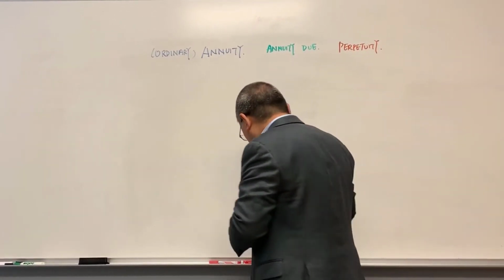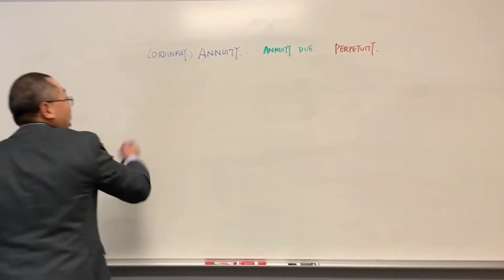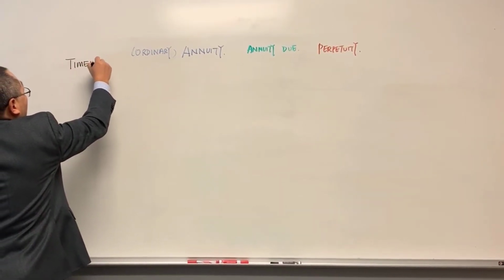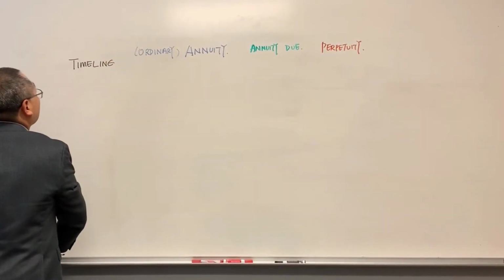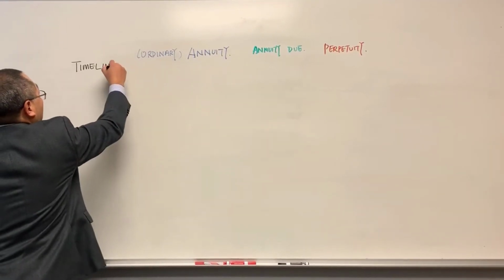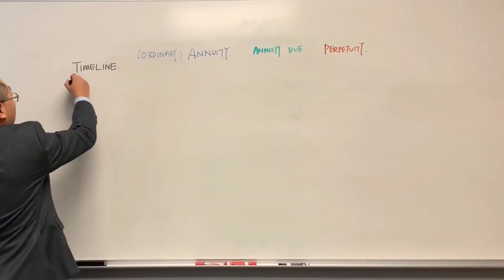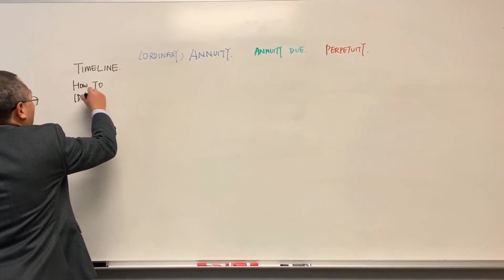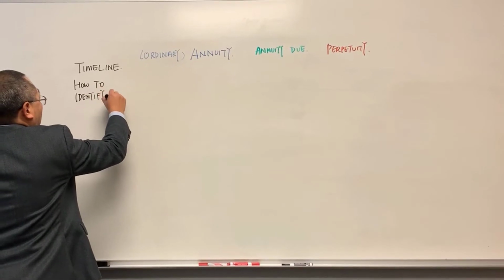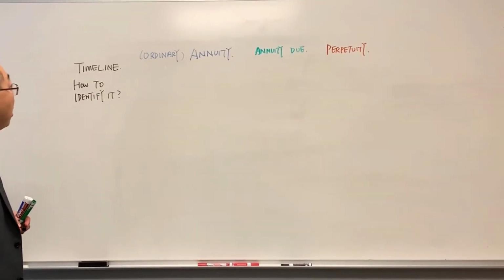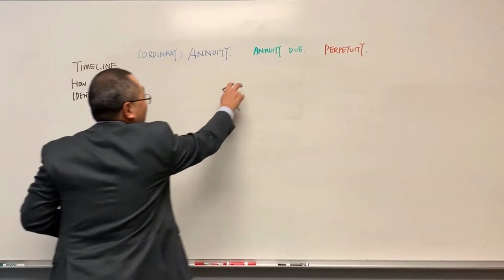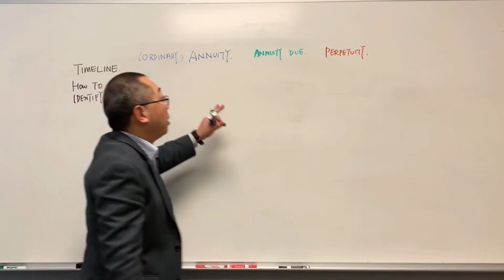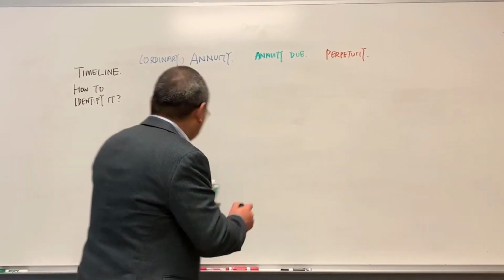Okay, I'm going to do several things so that we can finish one table. The first one is about the timeline. Second one is how to identify it. I'm going to write down for each case 4 conditions for us to make the decisions that, oh, it's an annuity, oh, it's an annuity due, and it's perpetuity.